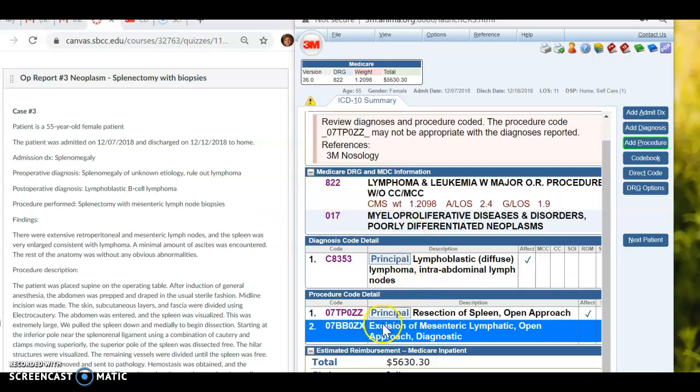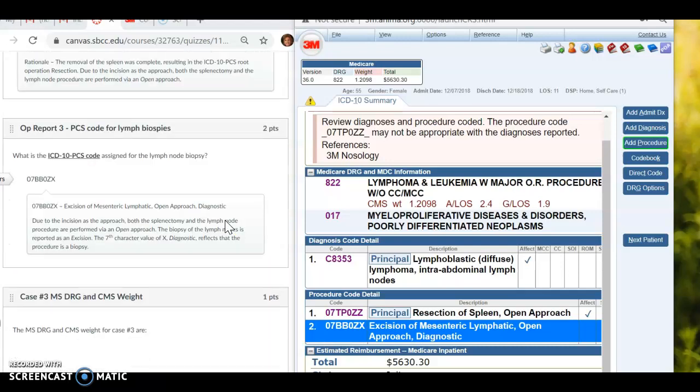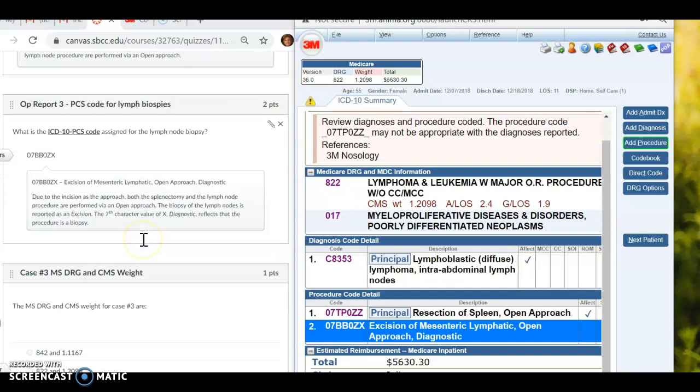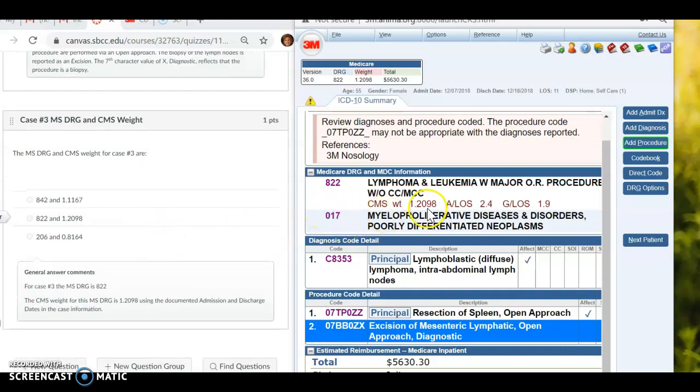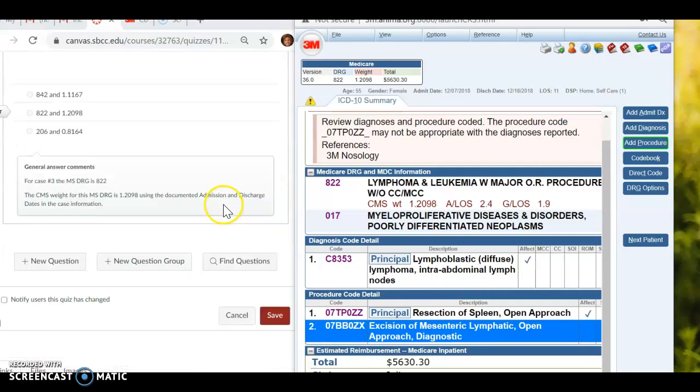So this is a good instance where they aren't going to match up, but they did go ahead and take the spleen out and did the second procedure, which was the diagnostic approach for the biopsy. So then here we have our 822 and 1.2098. Anybody has any questions on this unit, make sure you let me know.